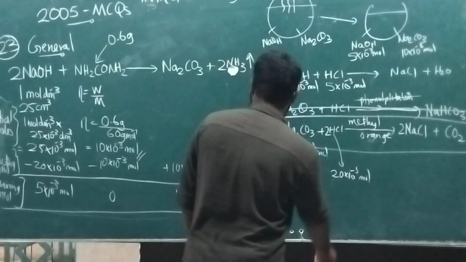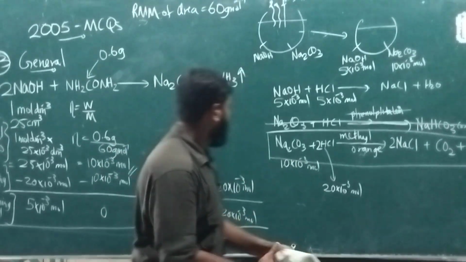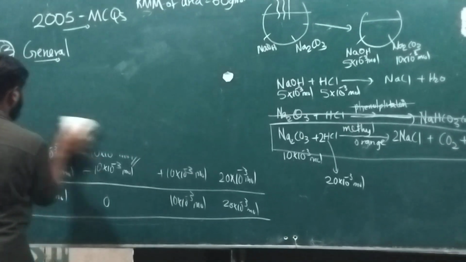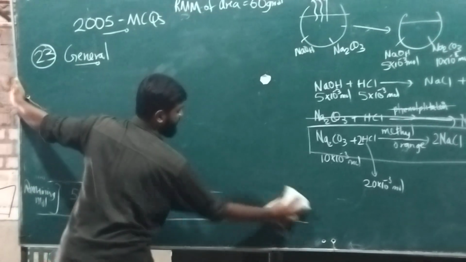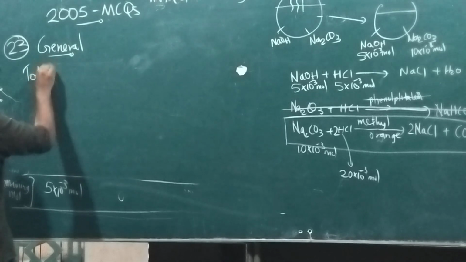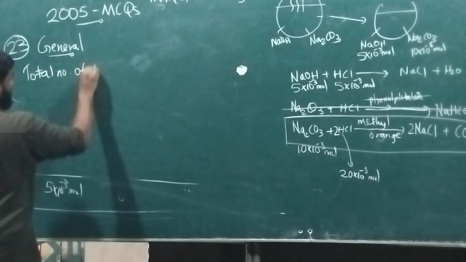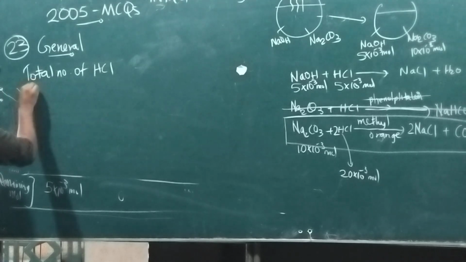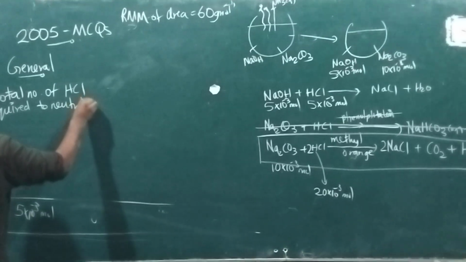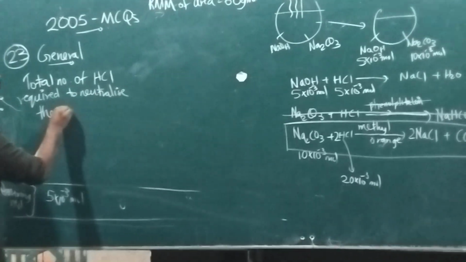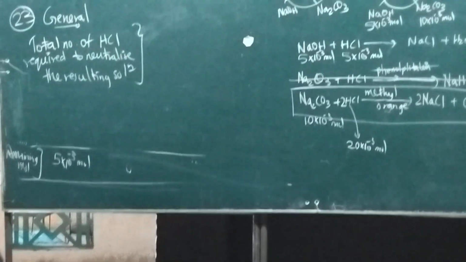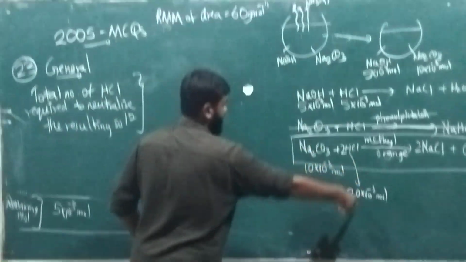So the total number of moles of HCl required to neutralize the resulting solution is equal to, here you have 5 and then you have 20.